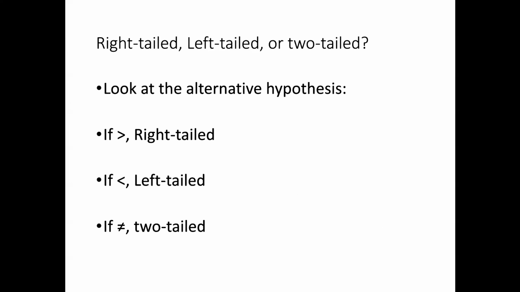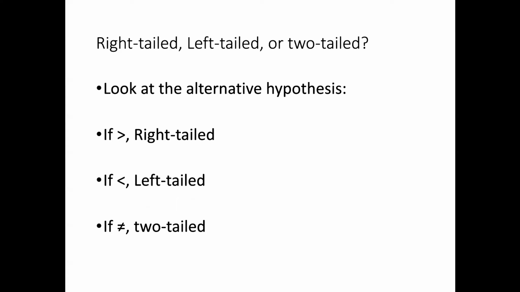Okay, and as I described in the bread problem, the alternative hypothesis tells you whether your test is left-tailed, right-tailed, or two-tailed. If the alternative hypothesis contains greater than, mu or p greater than, that is a right-tailed test.